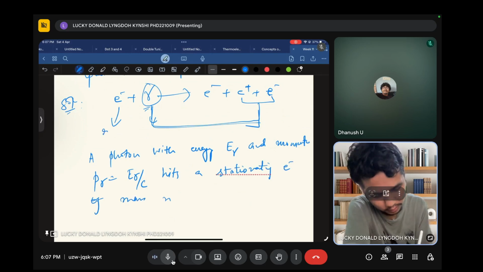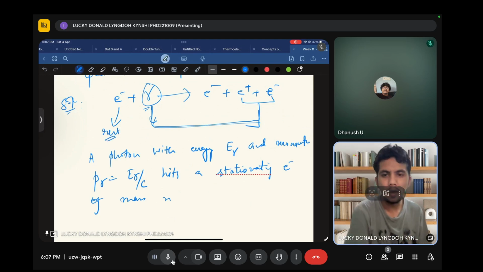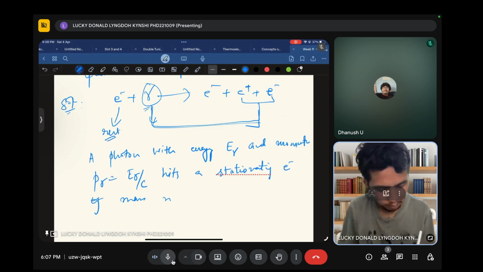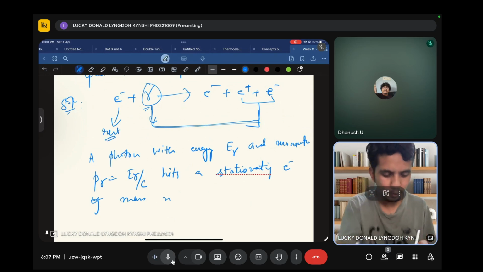So this is at rest, or stationary. You have a photon of energy E gamma and a momentum E gamma by c, because E is equal to Pc, with a stationary electron of mass m.